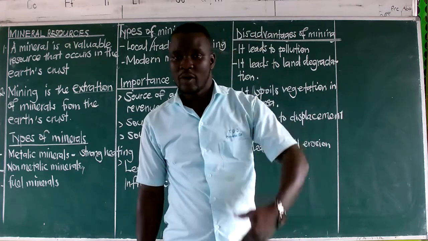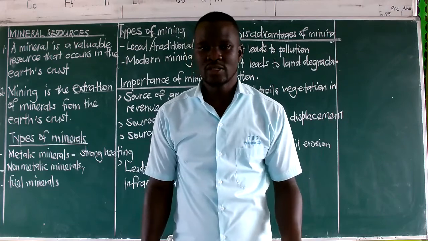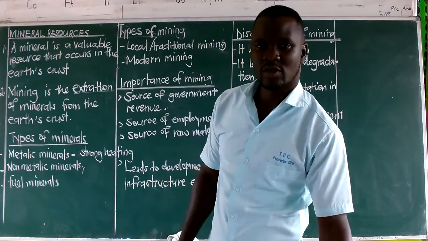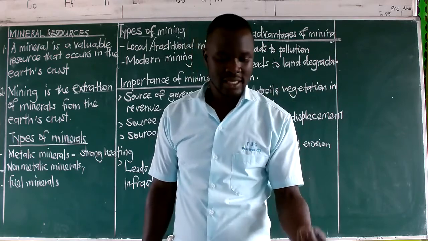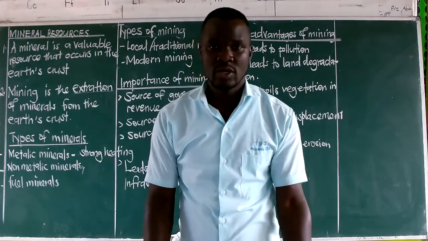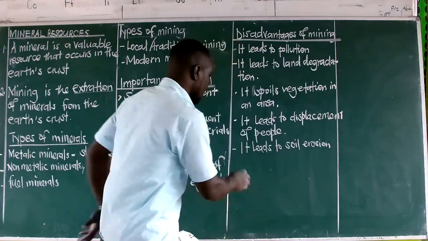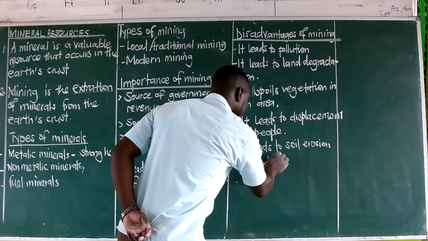Remember, we have people who get the minerals which are deep down there. You will find as they build the mines, sometimes those mines can collapse and they bury people. So people can lose lives. That's why we are saying mining leads to loss of lives.